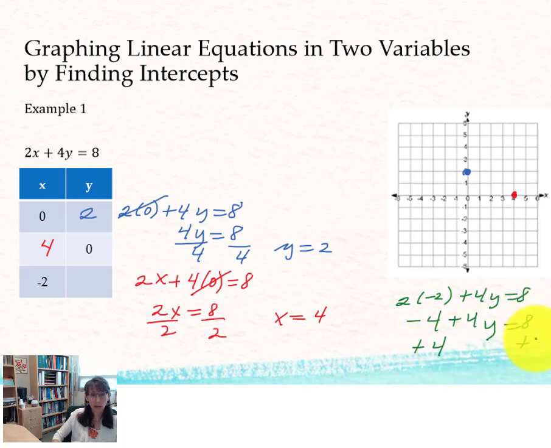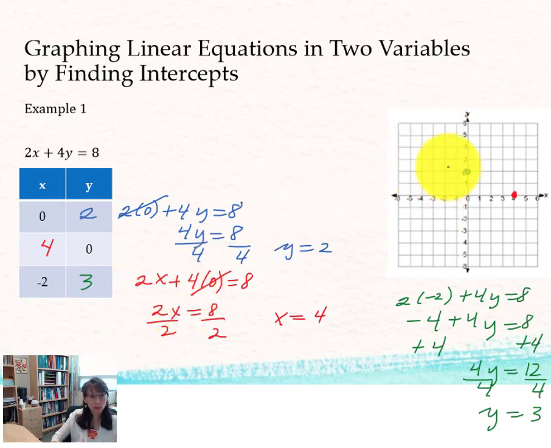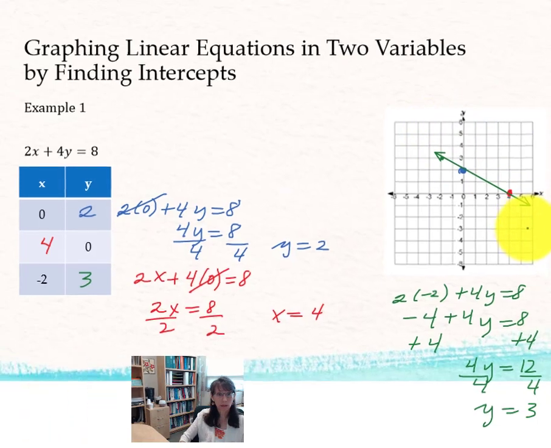Adding 4 to both sides of the equation, 4y is 12. So division by 4 gives us a y value of 3. So hopefully this ordered pair will line up with our others: (-2, +3). That looks pretty good. Let's draw the line and be sure to include arrows on both ends.